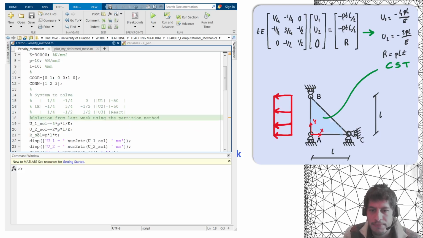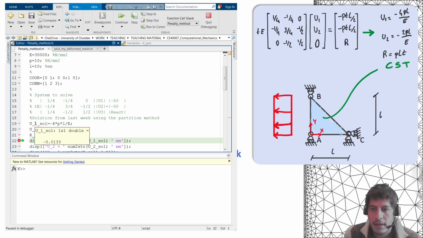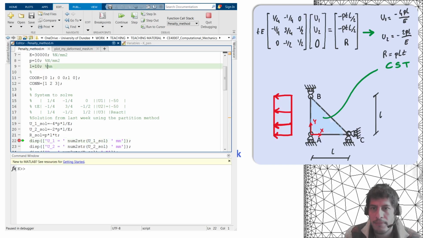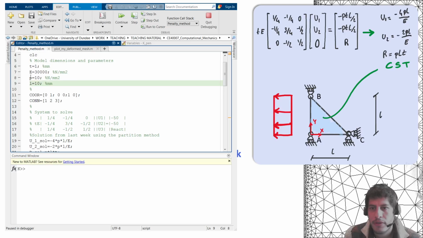This is because if I put a breakpoint here and I run, I see that U1 solution was minus 4 P L over E, and this gives us a value in millimeters, U2 that, and then the reaction was 100, the P T L over 2. So if you multiply P times T times L, so 10 times 1 times L, P T L, sorry.